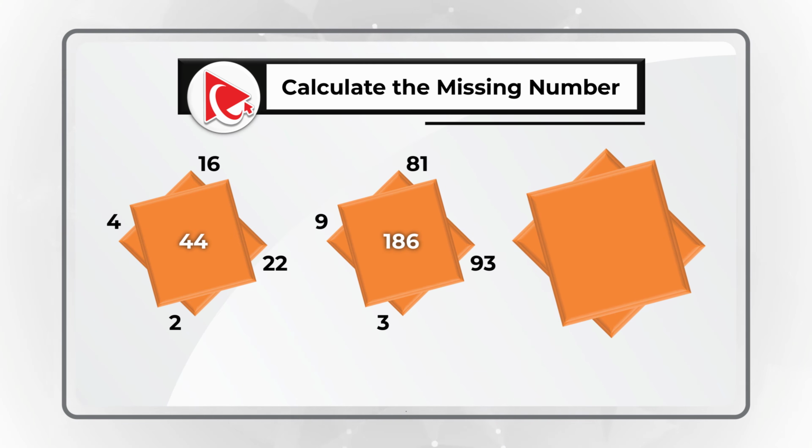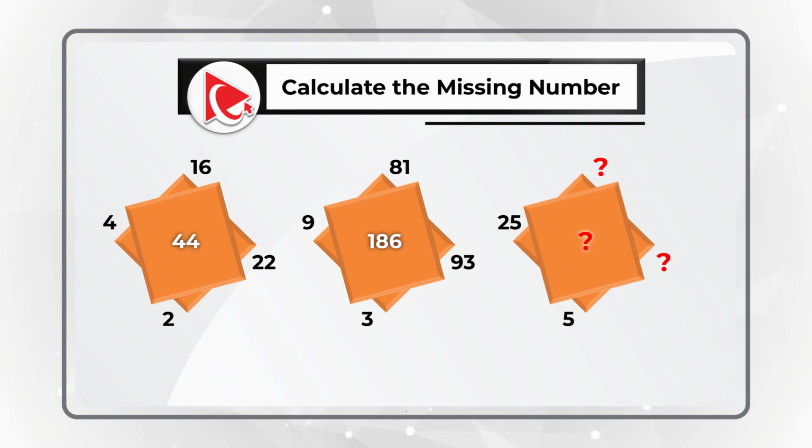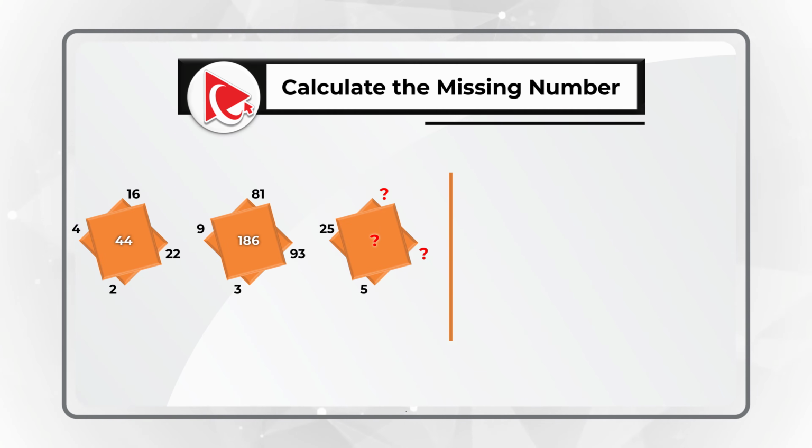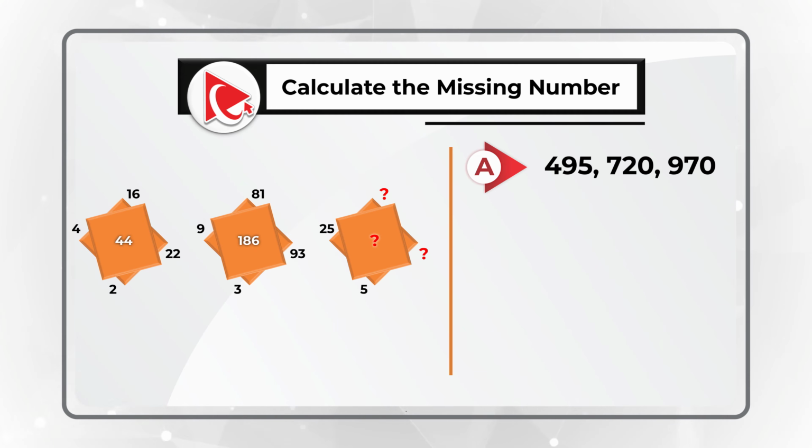And then the last set of diamonds has 2 numbers visible, which are 5 and 25, and 3 numbers missing. You need to select the missing 3 numbers out of 4 possible choices. Choice A, 495, 720, and 970.